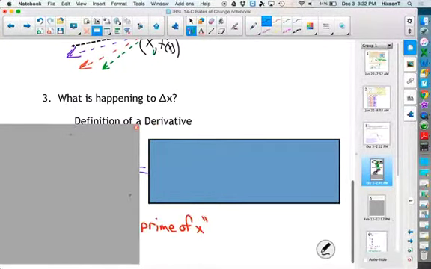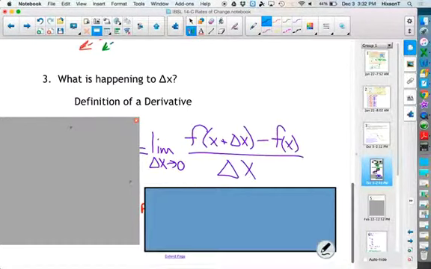So this gives us the definition of a derivative. Here's that slope function we were just looking at, and the derivative is the limit of this as delta x approaches 0. Does everyone understand how this works here?